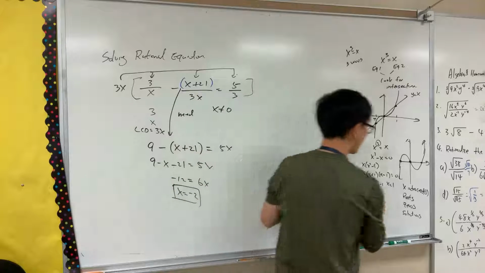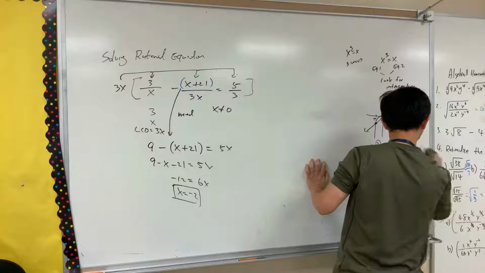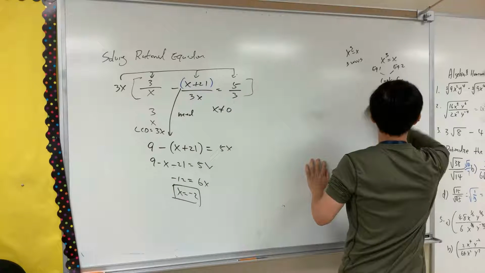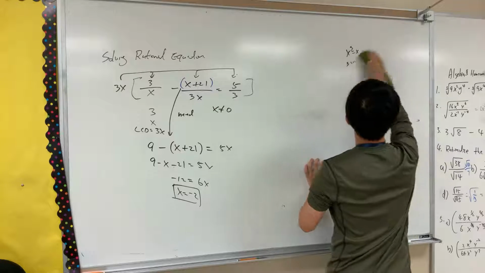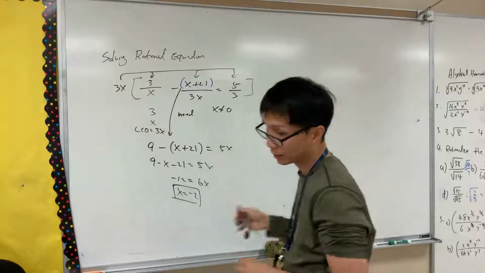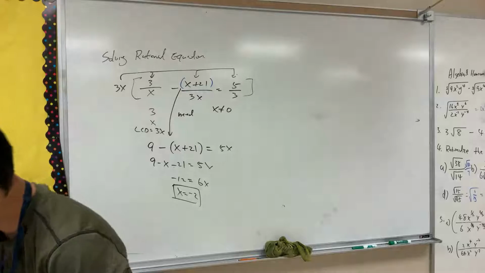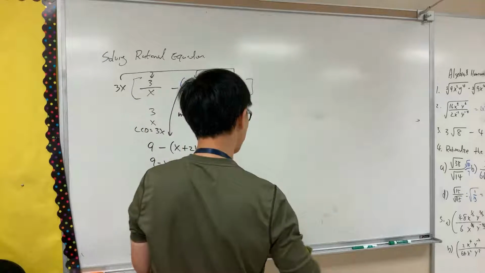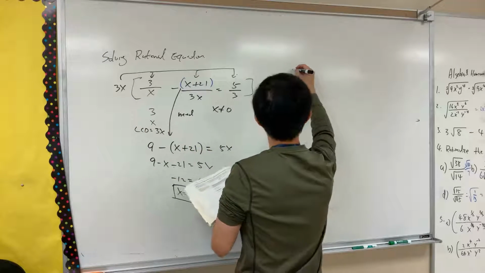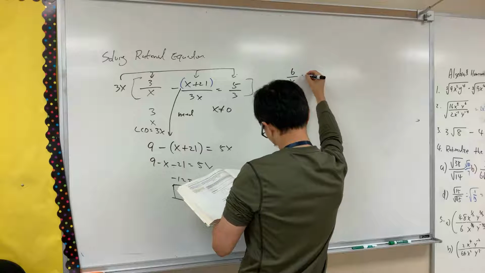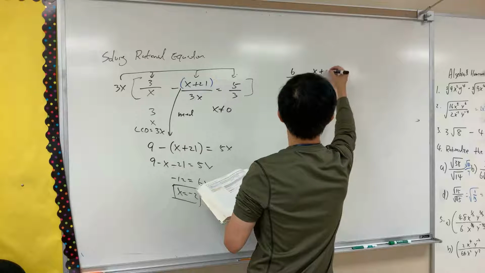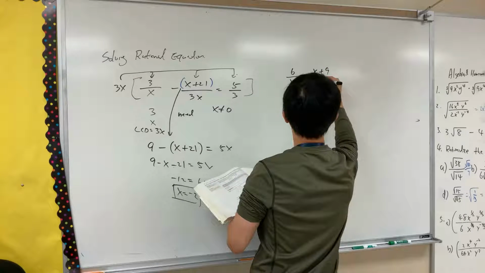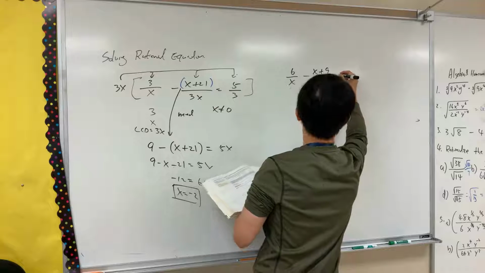We're going to give you a couple questions for you to try, and then we're going to give you more complicated questions. The first one, I'm going to give you 6x minus x plus 9 over 5x is equal to 2 over 5.